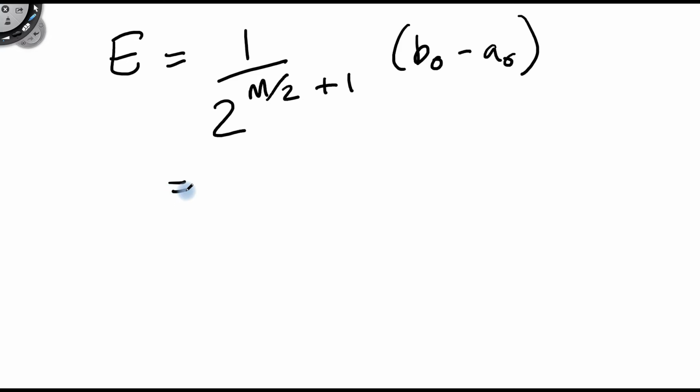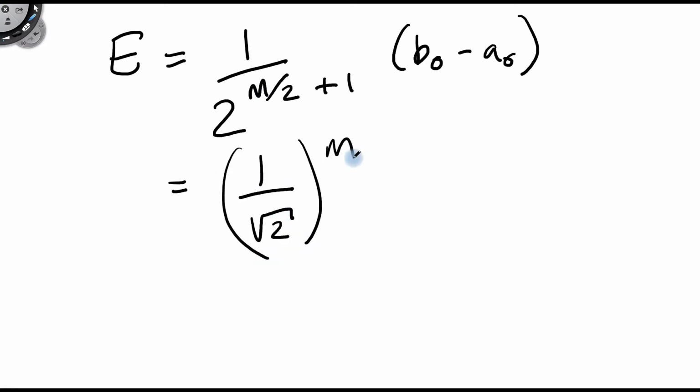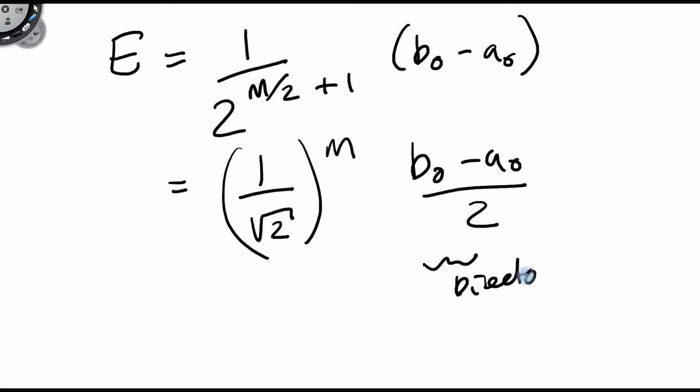And we can then realize that we have a 2 to the power half there, so we have a square root of 2, so we can write this as (1/root 2)^m times (b0 minus a0) on 2. We're taking out this 2 because this is your initial bisector, if you like, so that makes sense of that.